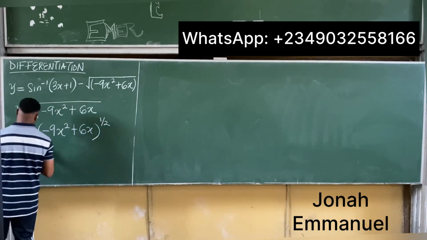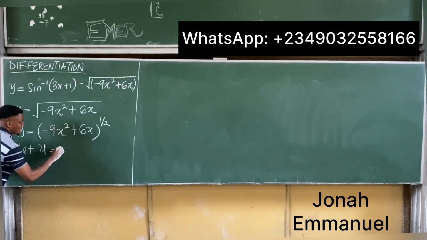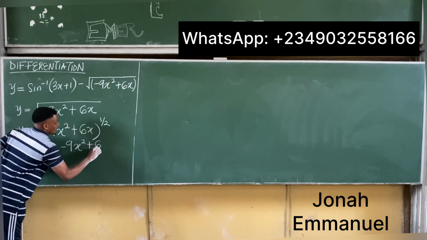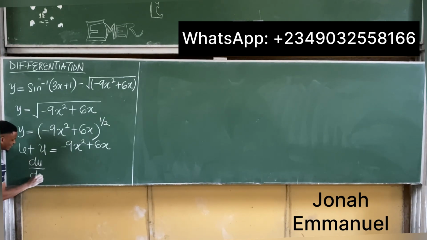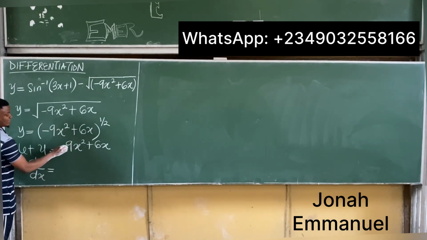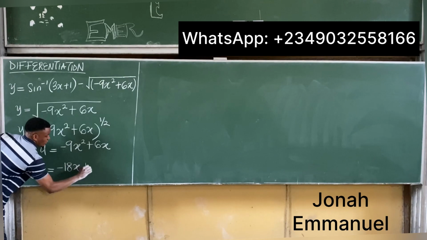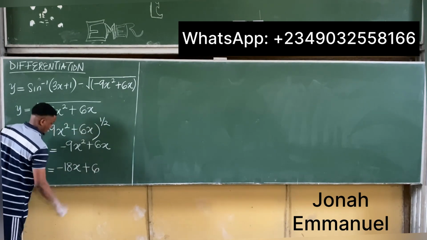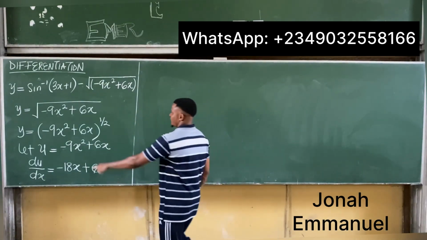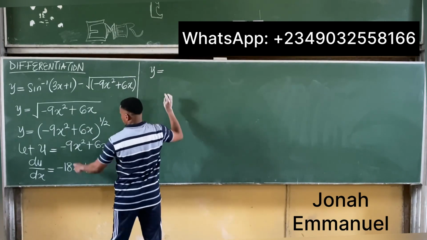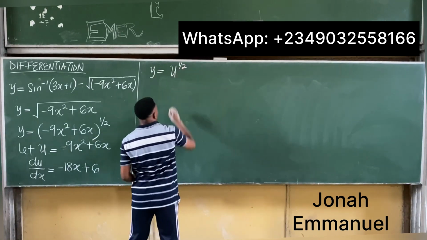For the chain rule method here, my first start is to say, let u be equal to the term in the bracket, that's minus 9x squared plus 6x. If I differentiate this, I will have that du over dx is equal to, differentiating minus 9x squared, 2 multiplies this, gives you minus 18x, plus differentiate 6x, it gives you 6. So I have minus 18x plus 6. Next, y is equal to all of this, which we said should be u, that becomes u to power 1 over 2.